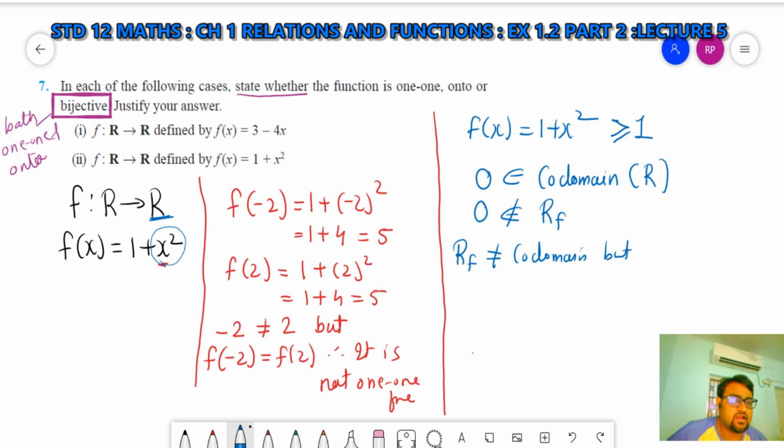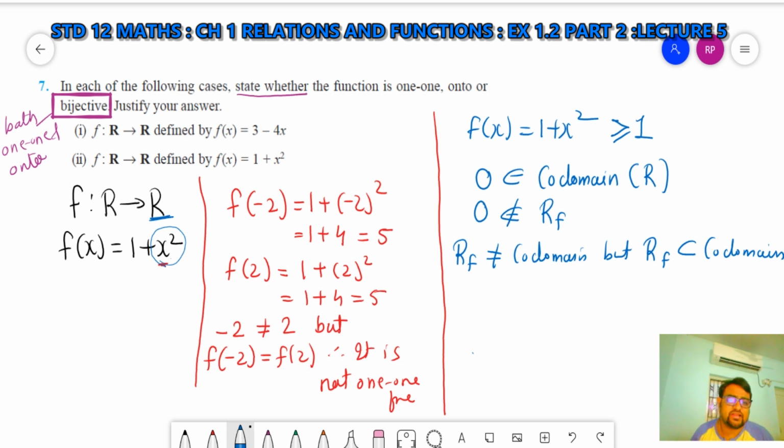Let me write this down this time. Range of function is a subset of codomain. All the elements of the range are there in the codomain, but all the elements of the codomain are not in the range, because 0 belongs to the codomain. So there is not any element in the domain such that f(x) will be equal to 0.